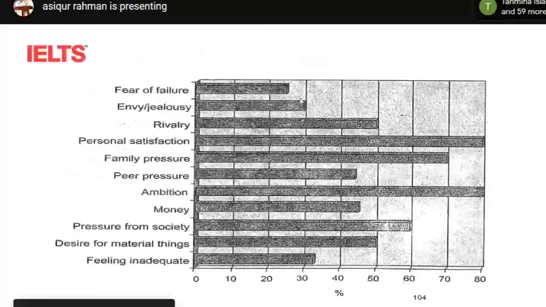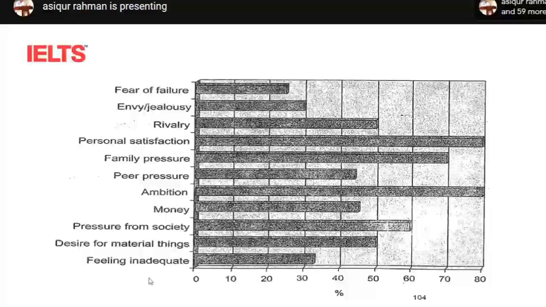So how many body paragraphs are you actually going to write here? So many factors. So you'll be writing everything in a different paragraph? No. On any basis, try to divide all these factors into 2 or 3 groups. For example, fear of failure, envy or jealousy, rivalry, family, ambition, money, pressure from society, desire for material things, feeling inadequate.